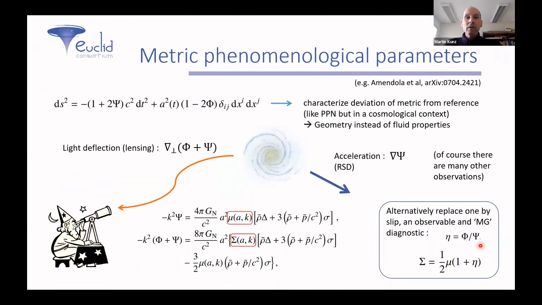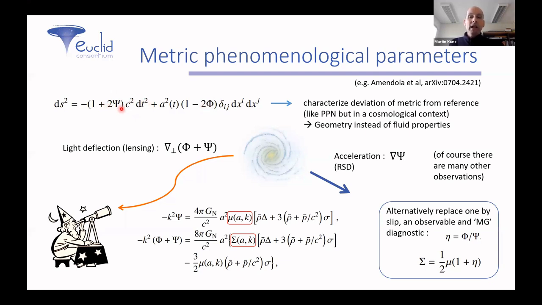And now, particularly for the next generation of surveys, we want to do that also at the perturbation level. So at the perturbation level, we can parameterize the metric perturbations with two gravitational potentials. One that's, if you want, like the time dilation potential, and one that's the curvature, okay?